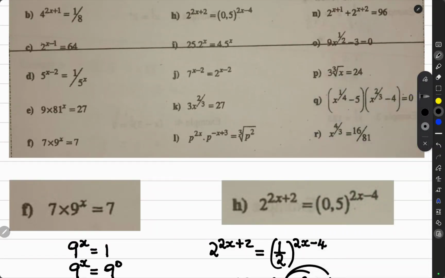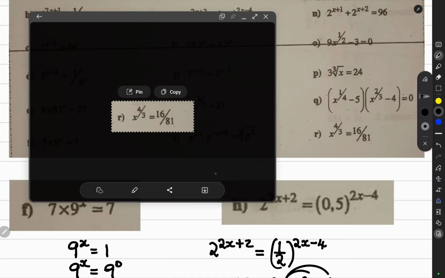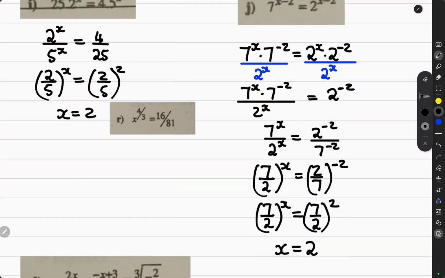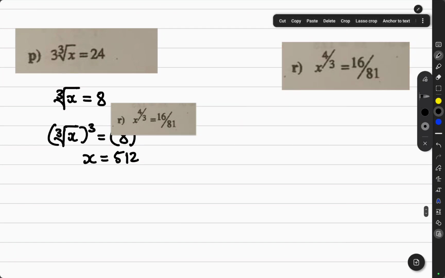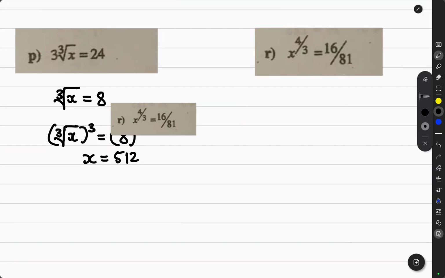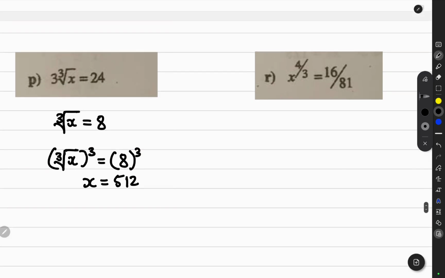Then for today, that will be it. Okay. Let's do R. So I'm going to have R here. What we need to do is make sure we apply the reciprocal of this.